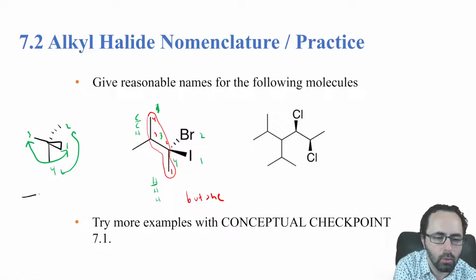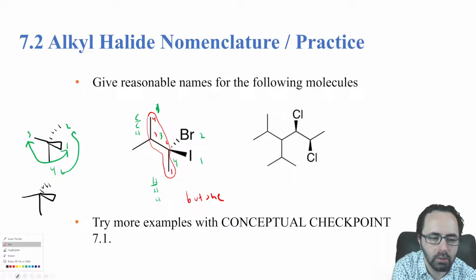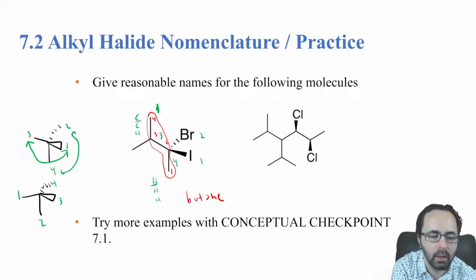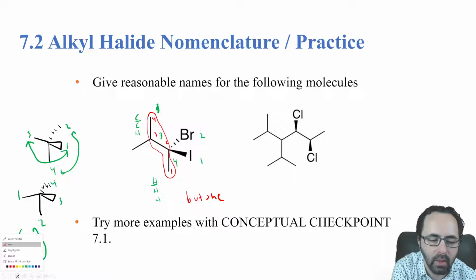And so we switch our numbers here. Now the 1 is going to be on the line, the 3 is going to be wedge, 4 is going to be dash, and 2 is going to be line, and we have 1, 2, 3, a counterclockwise left hand S. So this is going to be S at that carbon.